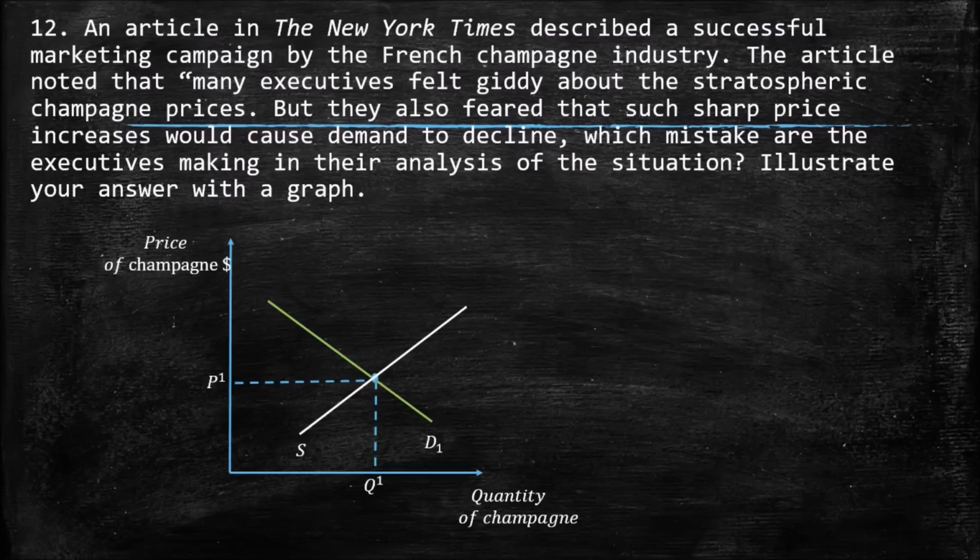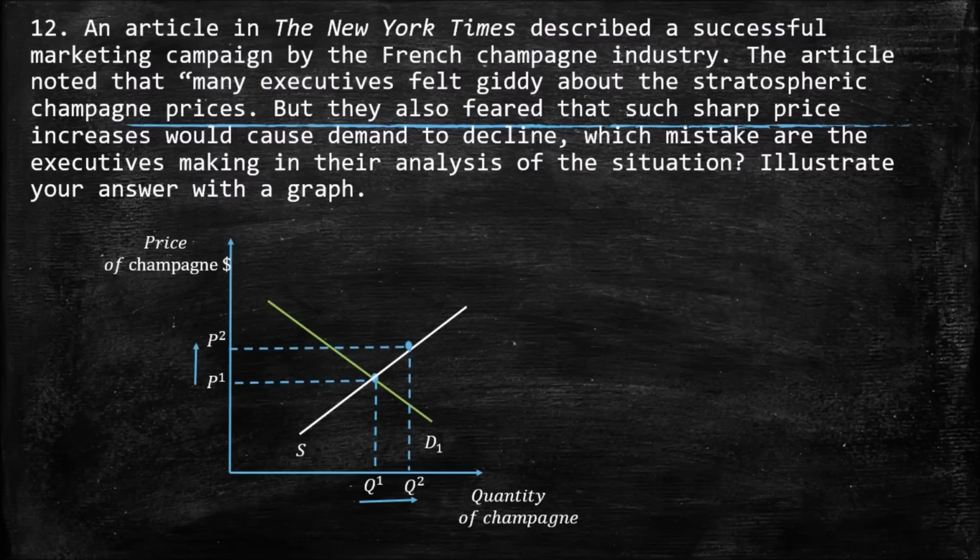So imagine that there is a successful marketing campaign. What does it mean? It means there is an increase in demand because more people see the champagne. There's going to be a change in tastes because more people would like to try it. So there's going to be an increase in demand, a shift to the right.